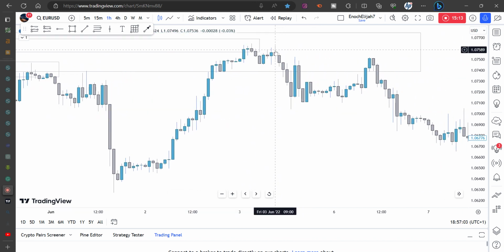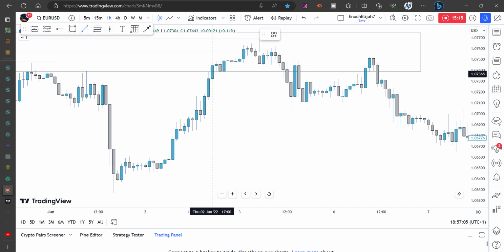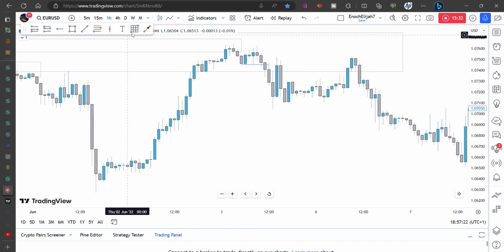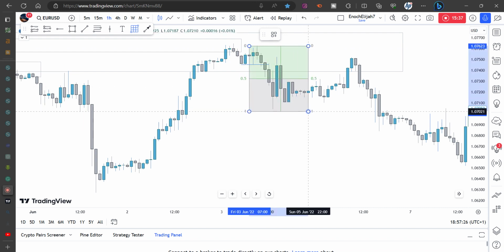But what I would do is wait until I see another break of structure to confirm that place. It's more like a low risk place. And we have it right here. You can see it. So you measure the move after that break, from the high to the low.